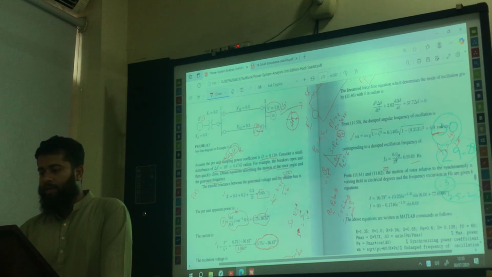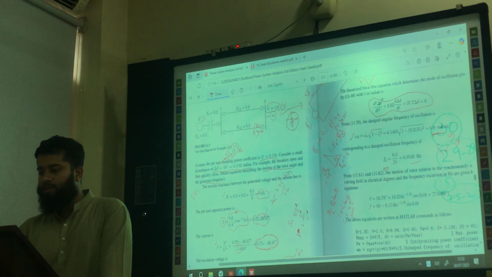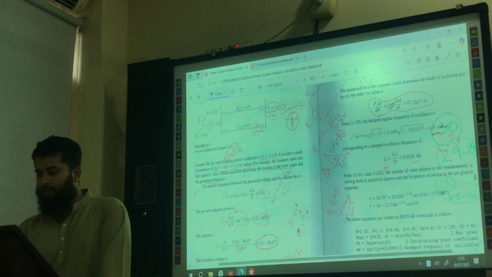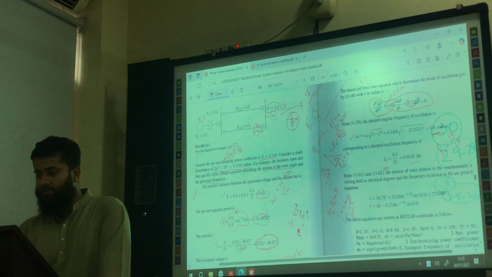Okay, and this is your second order equation. How can you write it? What was the general form? The second derivative of delta delta plus, in this term it was twice zeta omega n, right? So if you multiply 2, zeta and omega n, you will get 2.62. Okay, and this term is omega n squared.